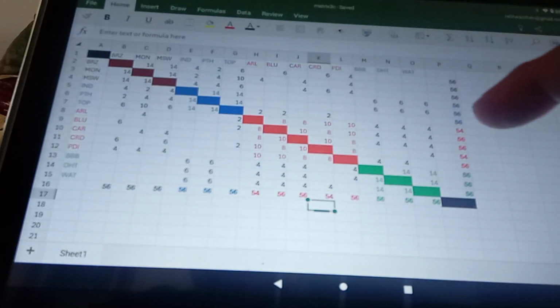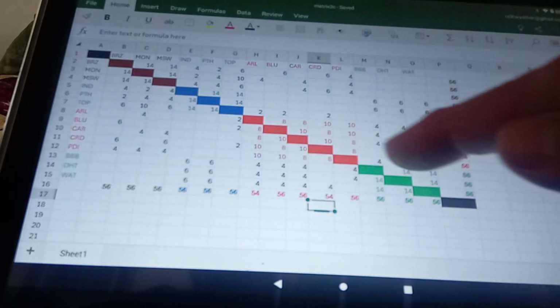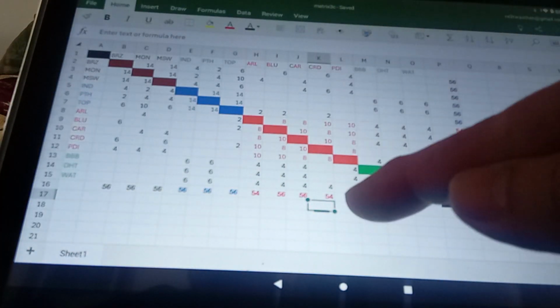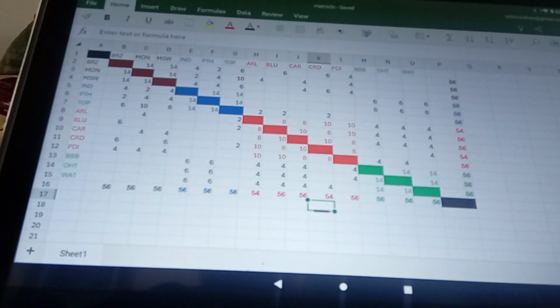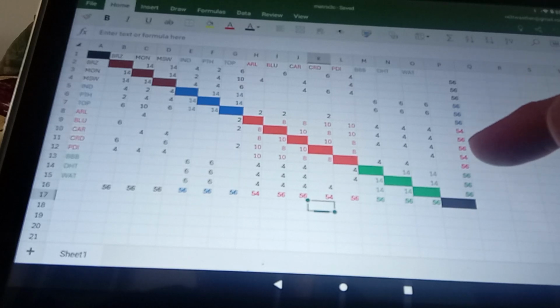Topeka's right here, going across. PD, they're the last team in red, going across, and going right down here. Now, if you'll notice, we are darn close. Everybody's got 56 games except Athens and Columbus.